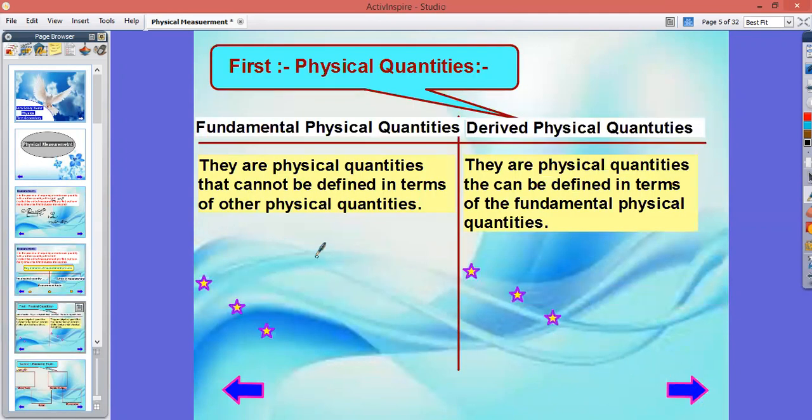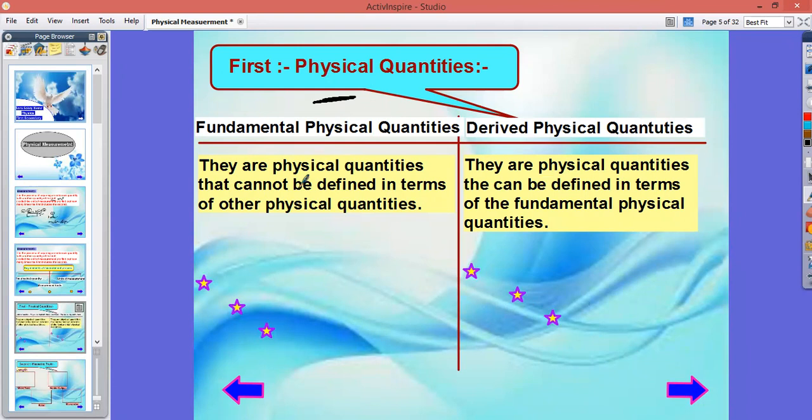Number 1, physical quantity. We have 2 types of physical quantity. Firstly, what is the meaning of physical quantity? Physical quantity is any quantity that can be measured. Again, what is the meaning of physical quantity? Any quantity that can be measured. So mass is a physical quantity, yeah. Length is a physical quantity, yeah.